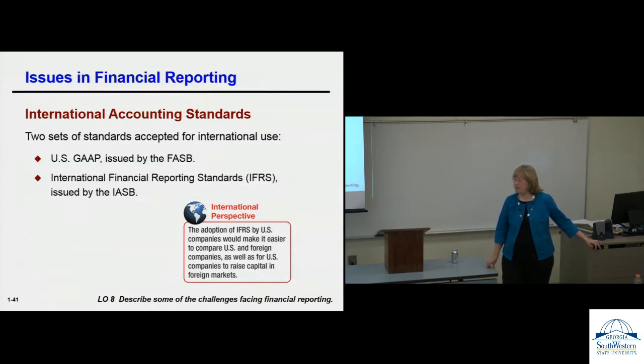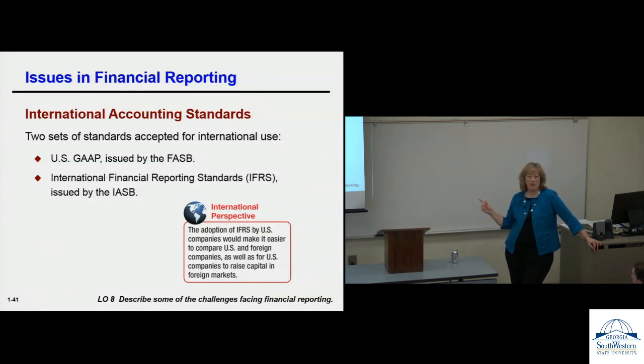Leases, for instance. The United States has operating leases and leases that are more of an asset, a capital lease. And just recently, the IASB changed it to where there's only one kind of lease. That sounds like not that big a deal, but think of all the companies that lease trucks.